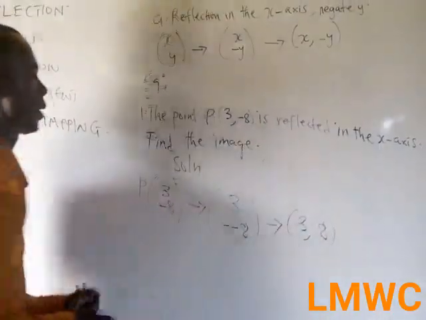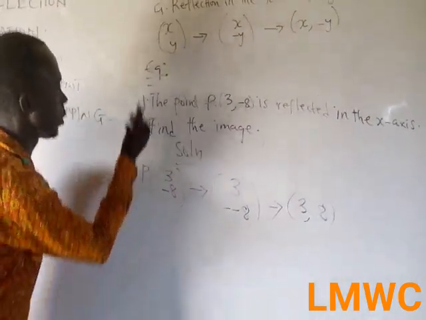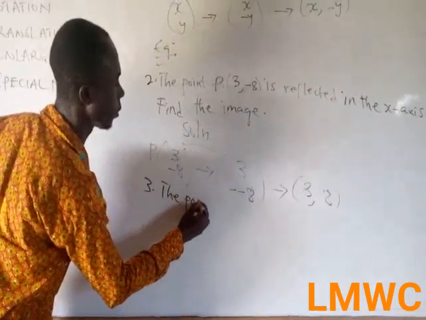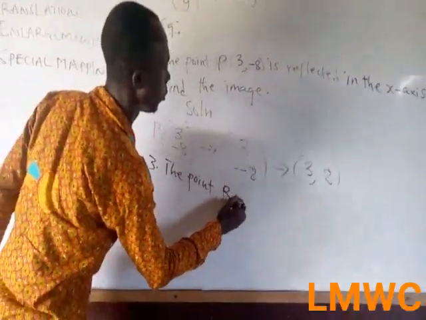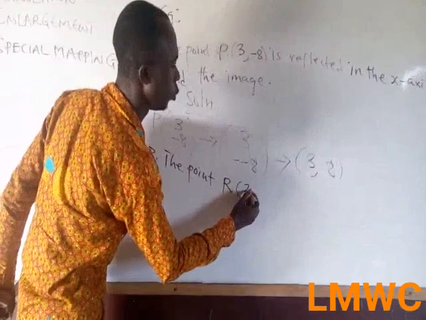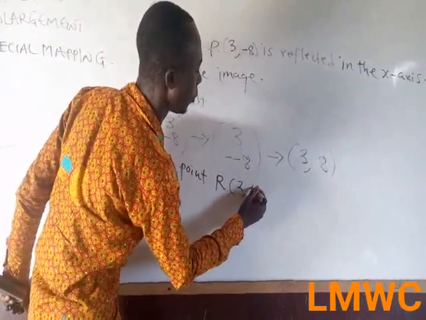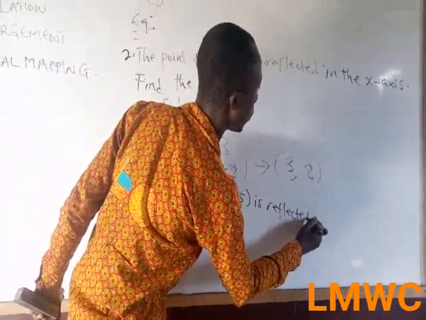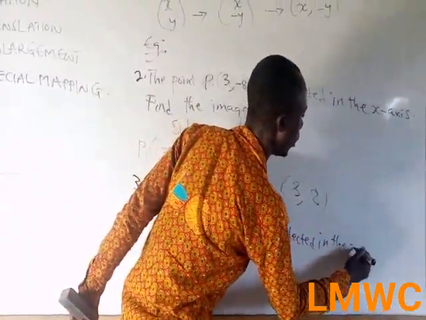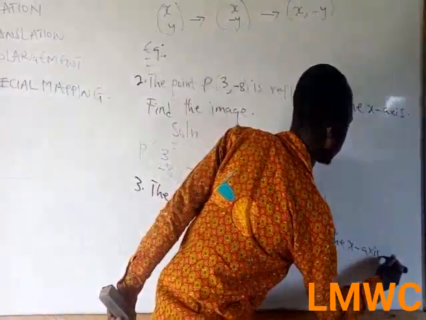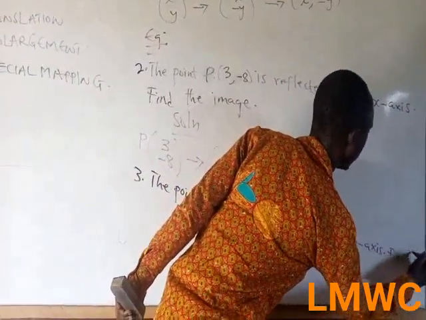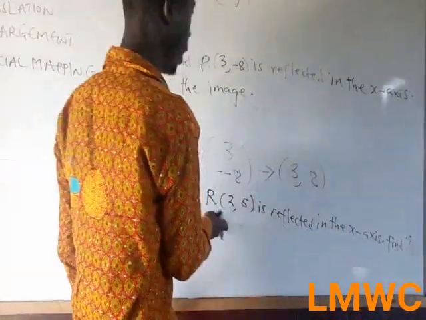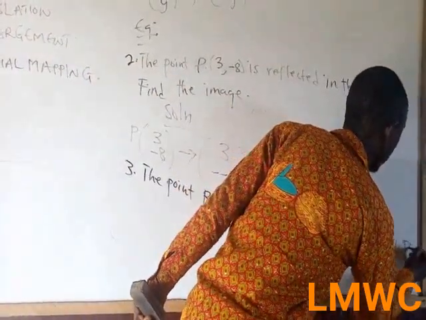Take note. Another example. The point R (2, 5) is reflected in the x-axis. Find R complement.